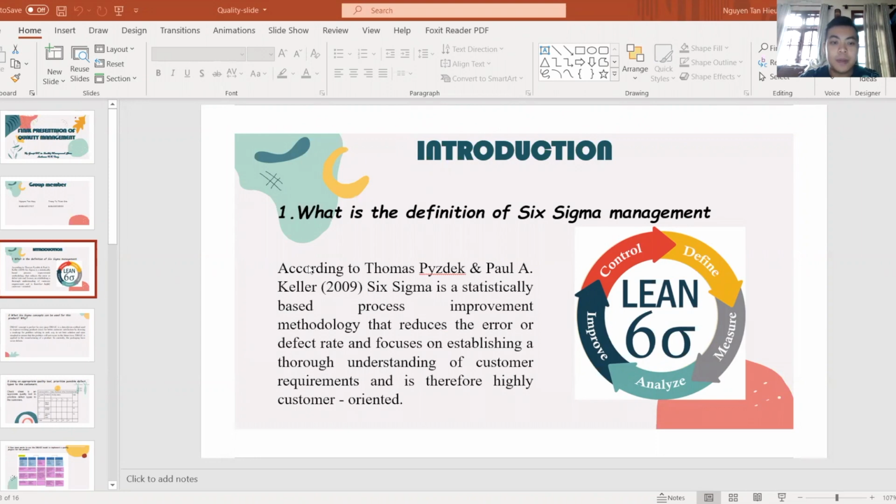In defining defects, Six Sigma focuses on establishing a thorough understanding of customer requirements and is therefore highly customer-oriented. In addition, Six Sigma is the application of scientific methods to the design and operation of systems and business process management that enable employees to deliver the greatest value to customer and owner processes.